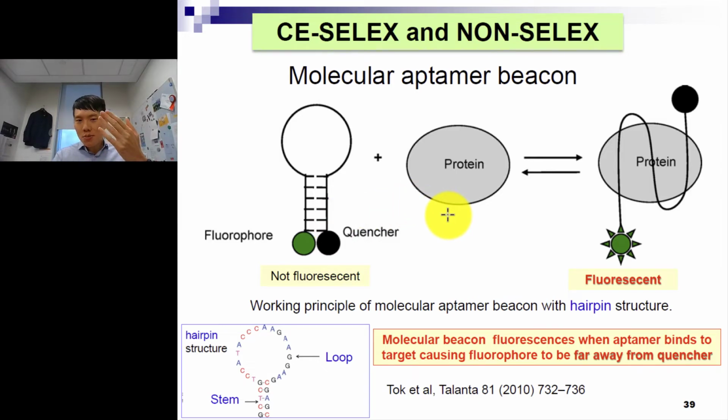But in the presence of a protein, because of the binding, the bases are separated, and now the fluorophore stands alone. It can function and fluoresce, because the quencher is very far away. That's how it works, and we call this the hairpin structure. You try to detach this bond, and remember these bonds are all hydrogen bonding. So it's using this bonding chemistry to do something very advanced.